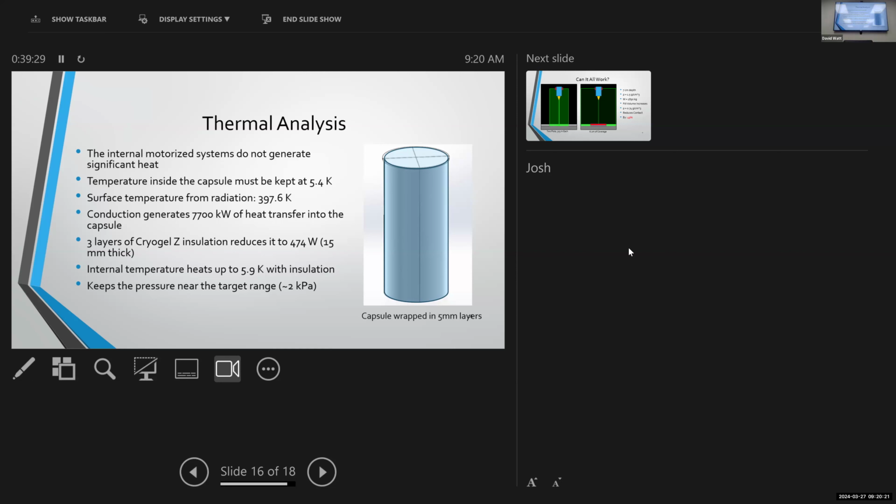So where does 7,700 kilowatts come from? That comes from the Boltzmann law, the radiation equation, so that's solar radiation.